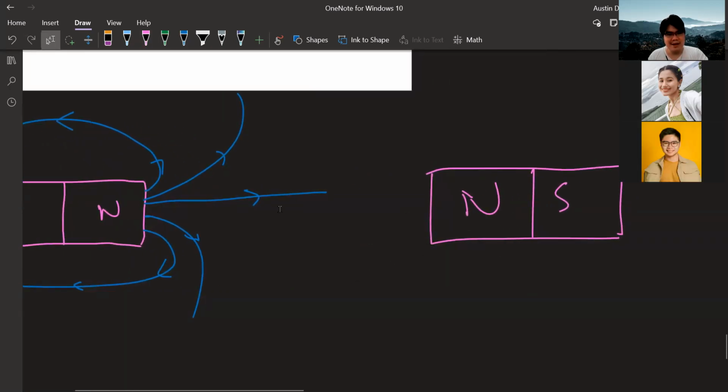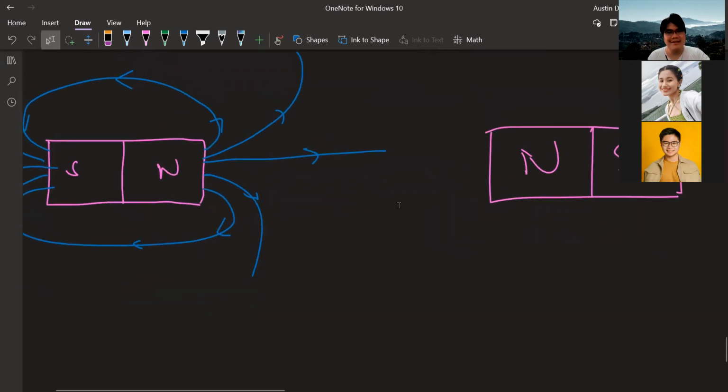Yes, sir. Pag pinaglapit mo yung magnet, ano yung nararamdaman mo? Pag pinaglapit mo itong dalawang magnet na to. Repulsion po. Di ba may mararamdaman kang di sila magdidikit? Okay. So, pag north to north pinagdikit mo, thank you. May mararamdaman kang repulsion.